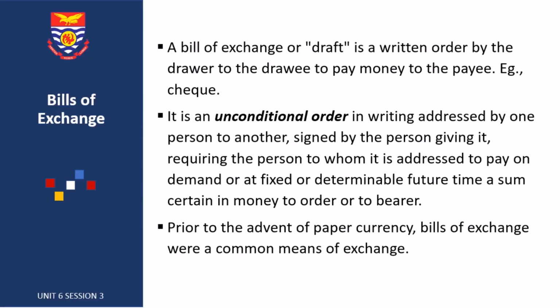So let's look at the bill of exchange and what it is. A bill of exchange or draft is a written order by the drawer to the drawee to pay money to the payee. Example, a check.